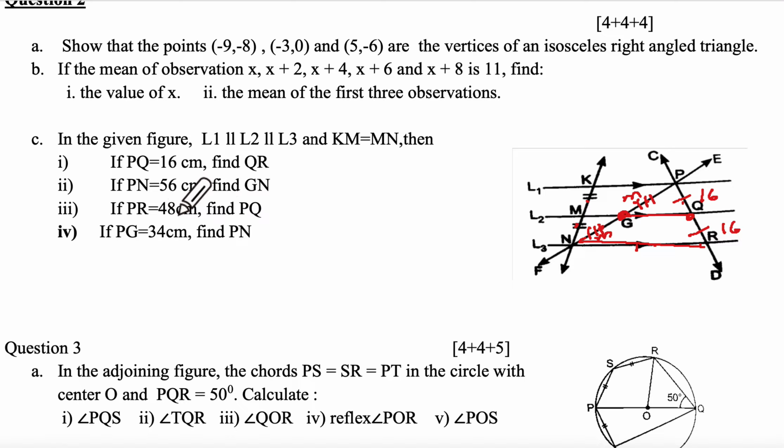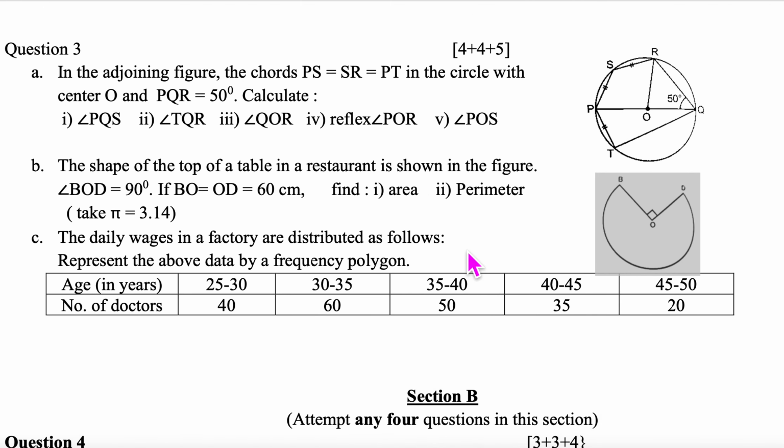Find PQ. They have not asked something like this, but supposing this was given as 80, and they ask you to find this. Can you see this becomes the line joining the midpoints? So this will be half of 80 means 40. So they could ask even that. Yeah, let us move to the next one.